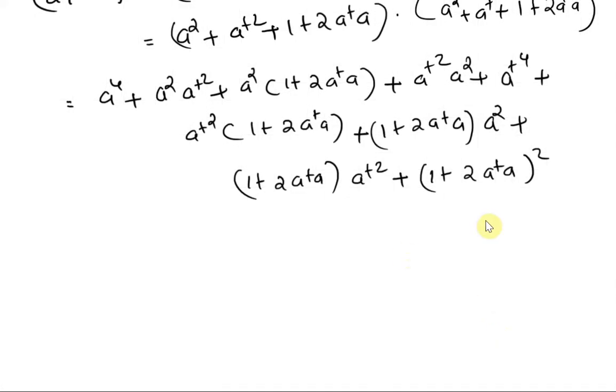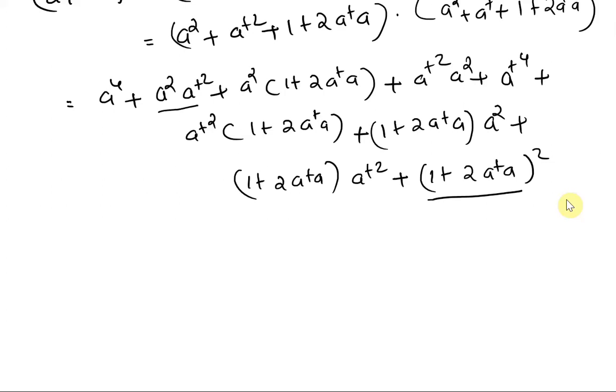So those components which are not changing the state at all: one is this quantity, 1 plus 2 a dagger a, where a dagger and a both are there. So this is not going to contribute, it's not changing the state. Anything else? Obviously a raised to 4 will change the state by 4. This is not going to contribute, right?